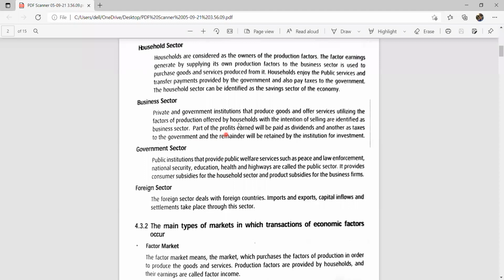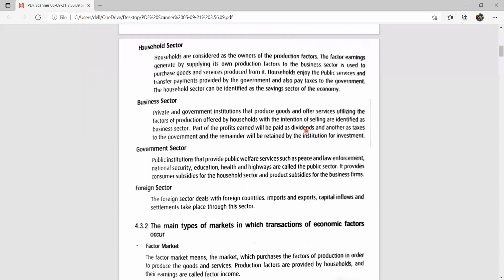Private and government institutions that produce goods and offer services utilizing factors of production offered by households with intention of selling are identified as business sector. Part of profits earned will be paid as dividends, and another is taxes to the government, and the remainder will be retained by institution for investments.